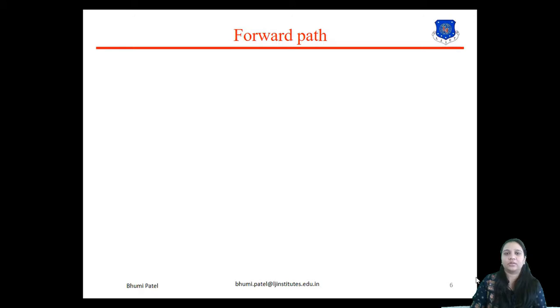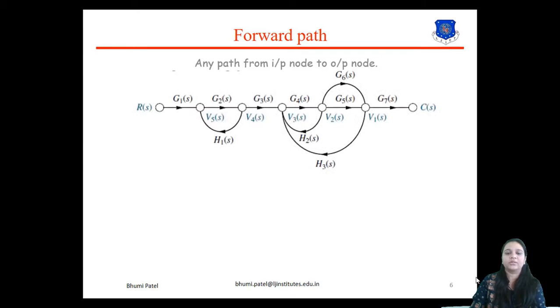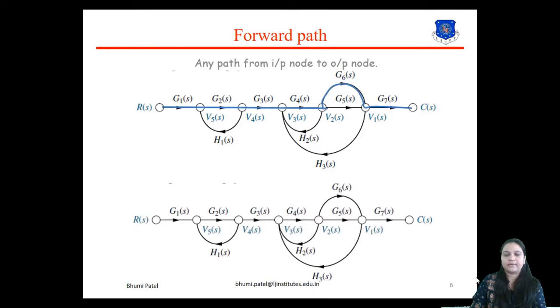Next terminology, what is the forward path? Any path from input node to output node is called a forward path of the system. You can see in this diagram, input is given to R(s) and output is C(s). For this diagram, the forward path is G1, G2, G3, G4, G6 and G7.